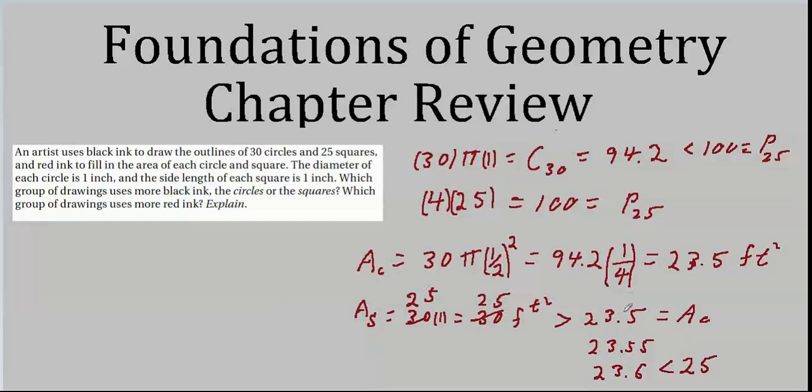Yahoo! After a long sequence of dumb mistakes, I think we actually have the right answer. And the answer is it takes more ink for the squares either way. It takes more ink for drawing the perimeters of the squares, and it takes more ink to draw the areas.